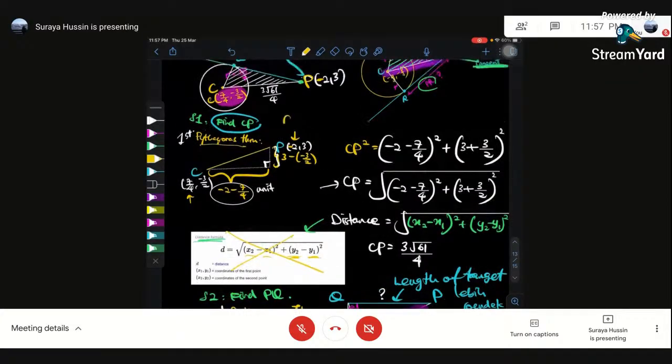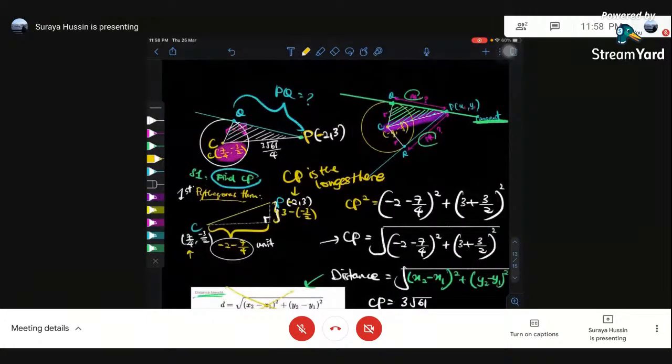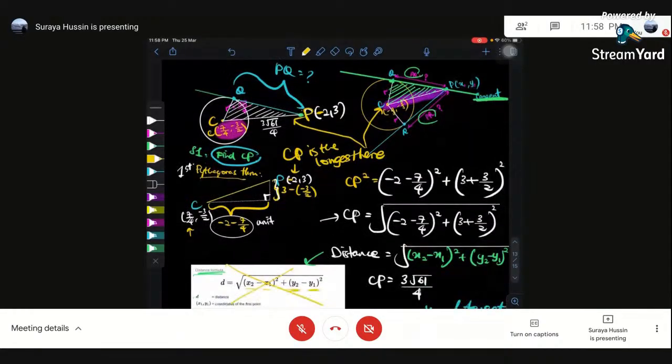Just remember, CP is the longest here. No matter what question you attempt later, you must understand that CP will be the longest compared to other lengths. Okay, R is confirmed shorter. And then PQ is shorter than CP. Okay, remember, just remember this.